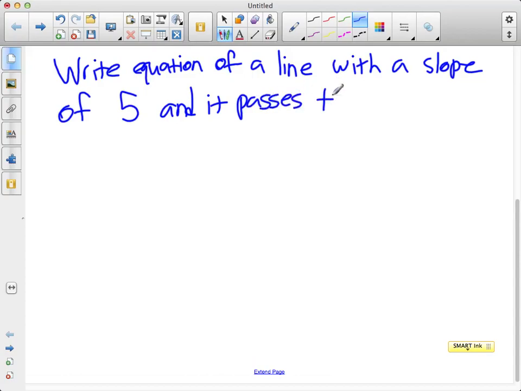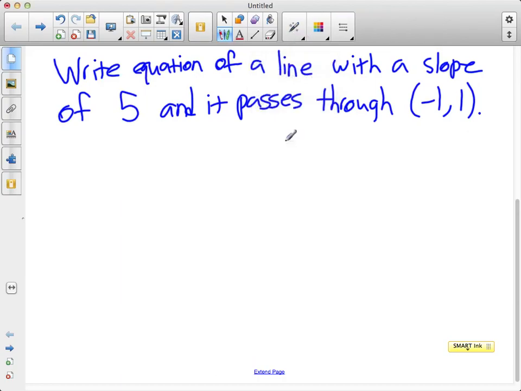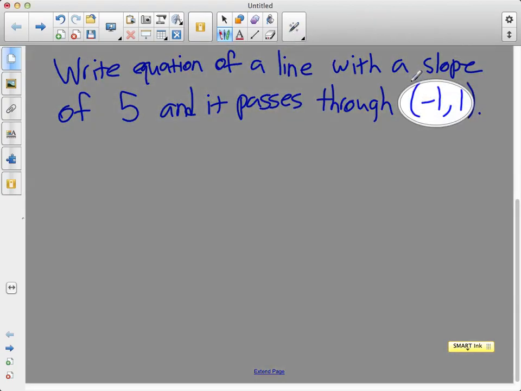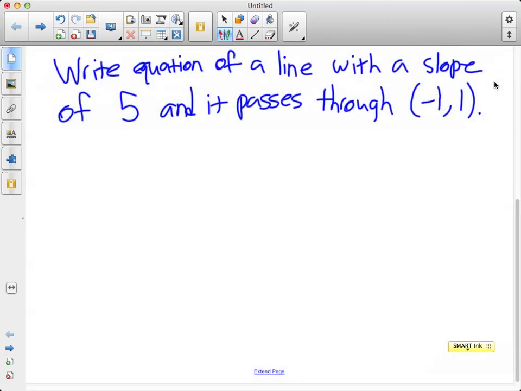So let's say it passes through the point -1, 1. So we don't know the y-intercept, which would be 0, comma, some number. But instead we just know this point.